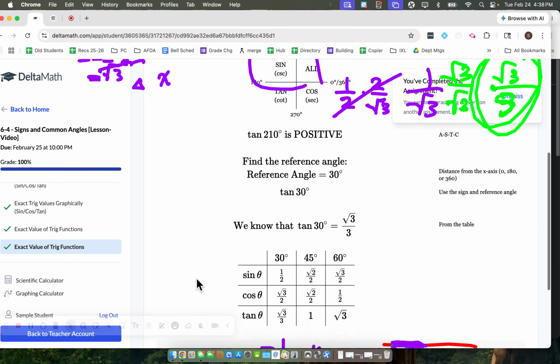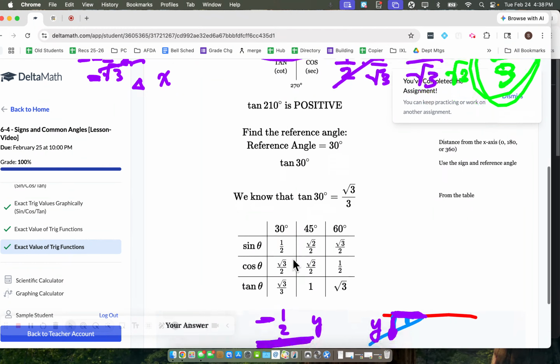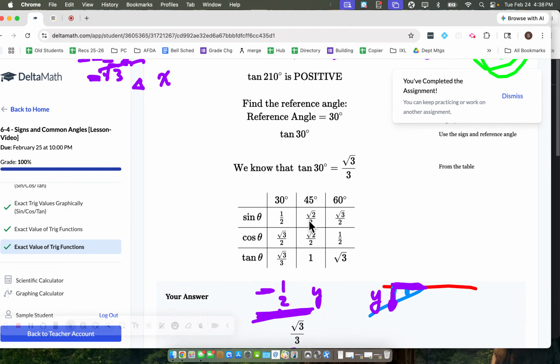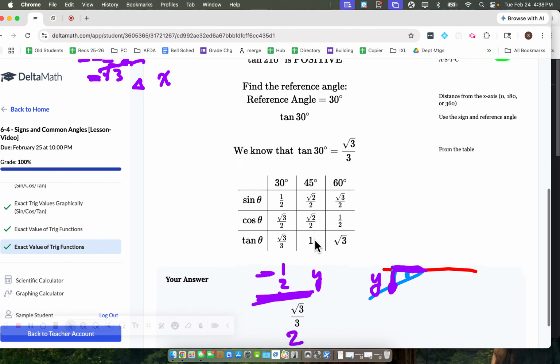Tan 210 is positive. Find the reference angle as we did. And so this is kind of a little helpful map of the common ratios involved in sine, cosine, and tan. Okay, this is the answer we just came up with in a 45-45, in a 45-degree angle. For your reference angle, it would be this.